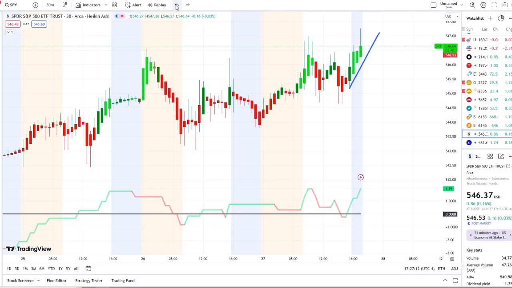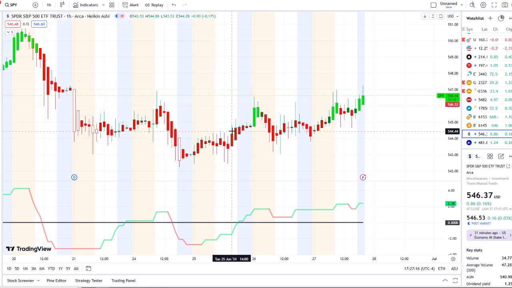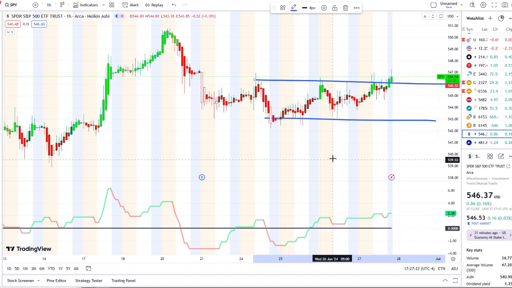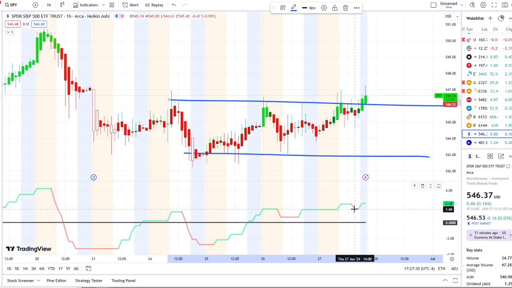Now, when we go ahead and zoom out and look at this from the 1 hour in the bigger picture, we could see how inflows continue to dominate since Tuesday, right? It's been in this tight consolidation between 544, 543 to 545, 546, and inflows have stayed above and they continue to try to push up higher, right? So far, highs here so far of 2.38 positive on inflows and green.